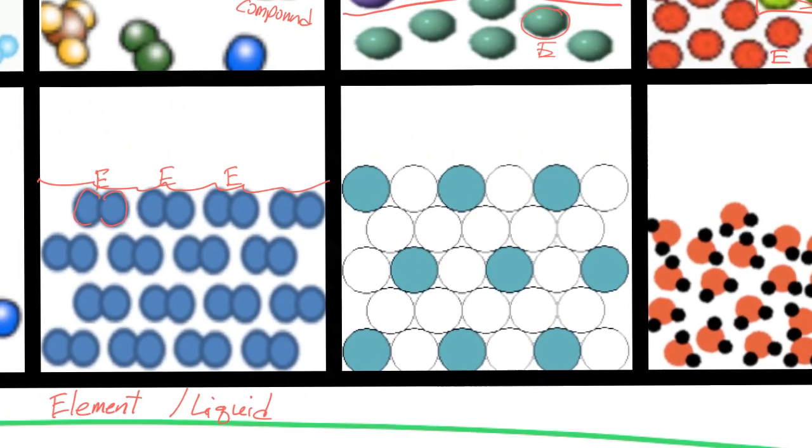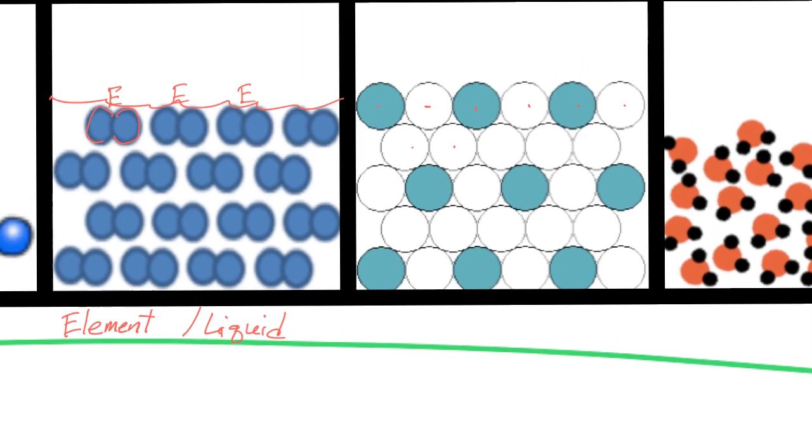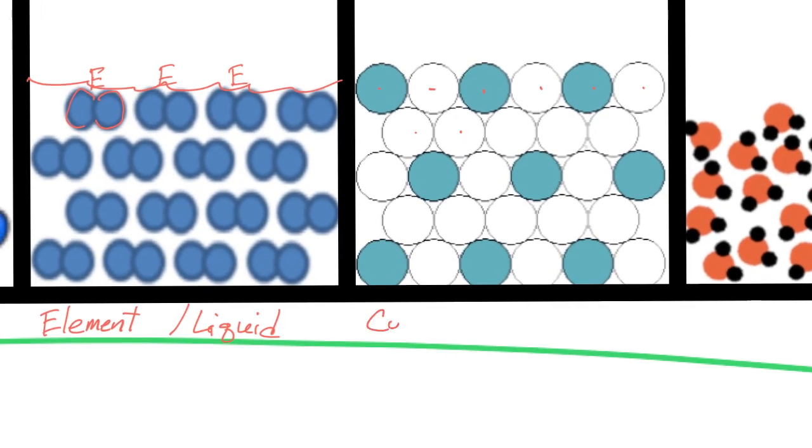Let's take a look at this one. So here we've got 1 type of particle that is organized with another kind of particle. It seems to be a very regular pattern. So I would say that this is a compound. And because it's a compound with a very regular pattern, I don't think that this is going to be a heterogeneous mixture.